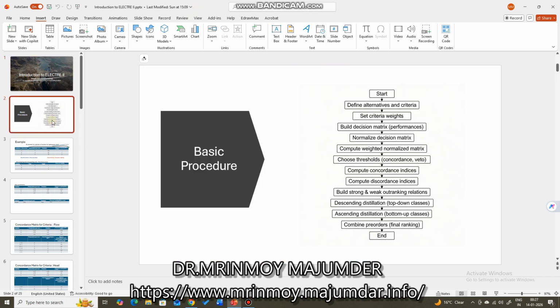So this is the basic procedure. You have to first define the alternatives and criteria, then set the criteria weights, then build the performance or decision matrix.